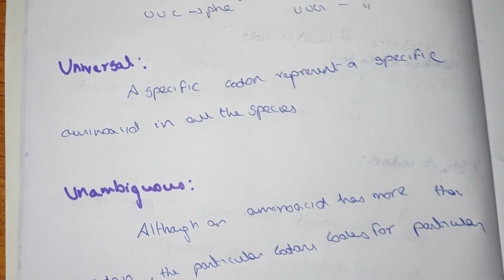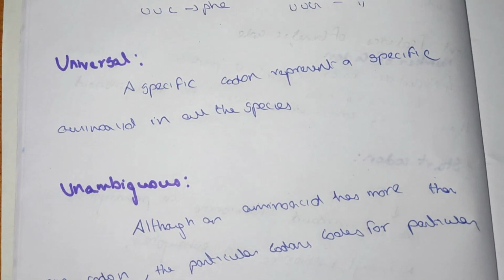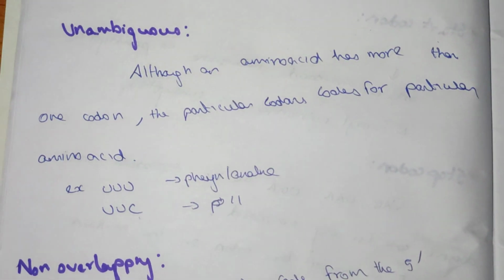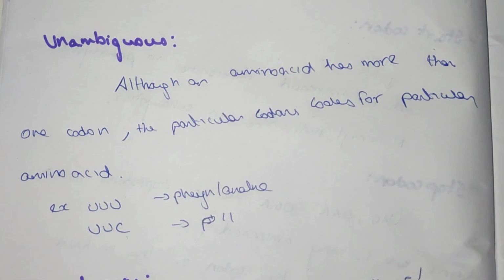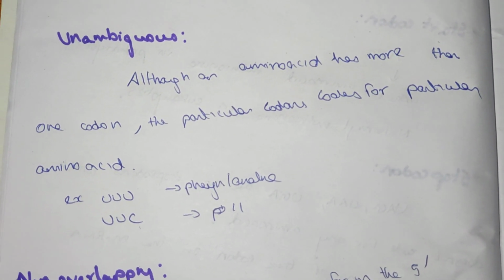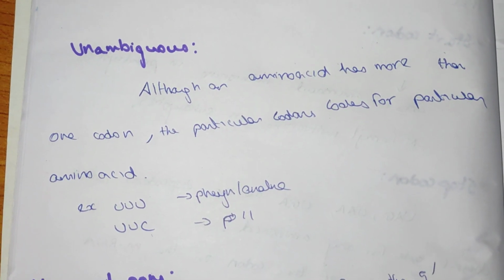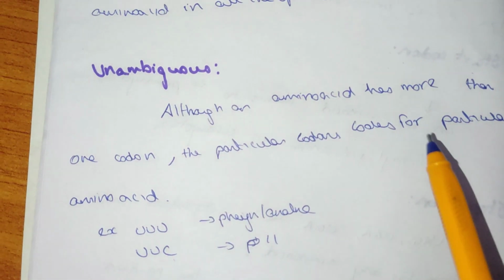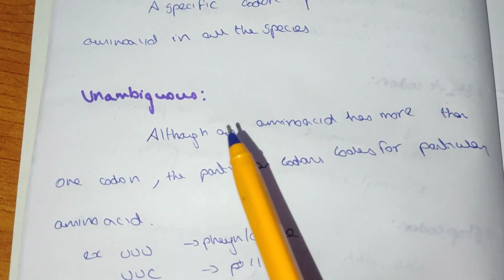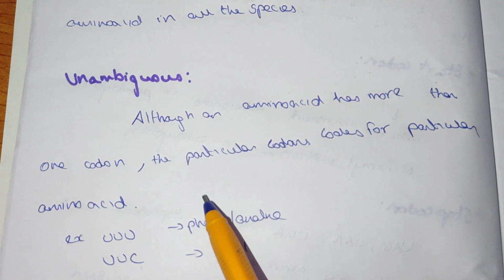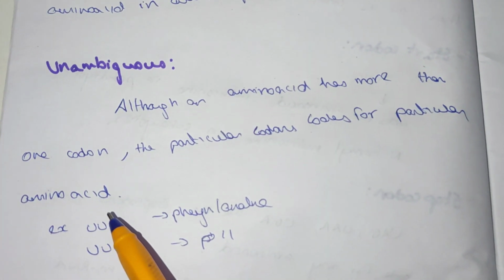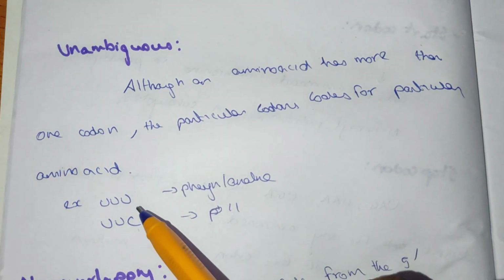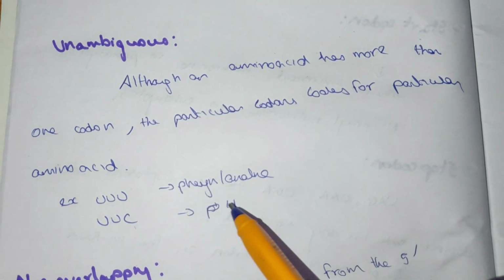Unambiguous: although an amino acid has more than one codon, a particular codon codes for only one particular amino acid. There might be a change in the nucleotide, such as UUU as well as UUC, which both code for phenylalanine.